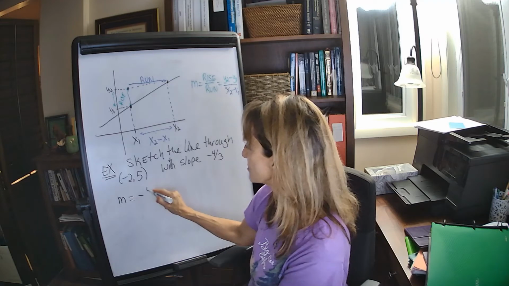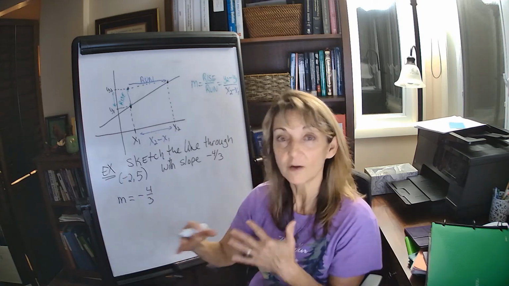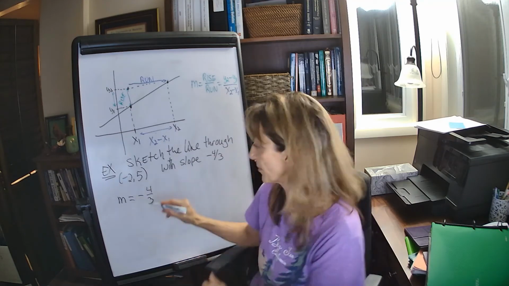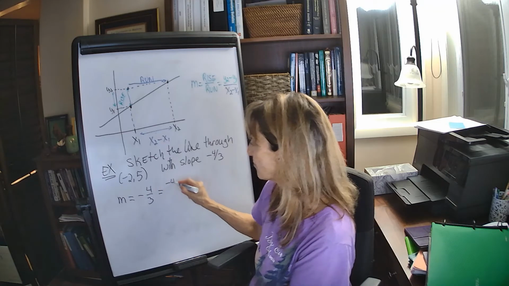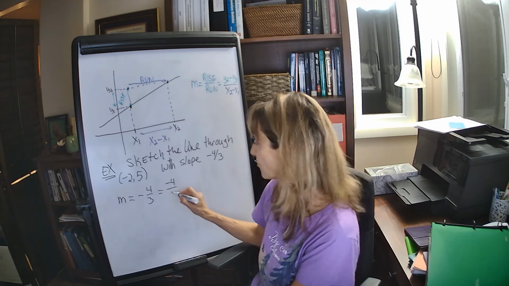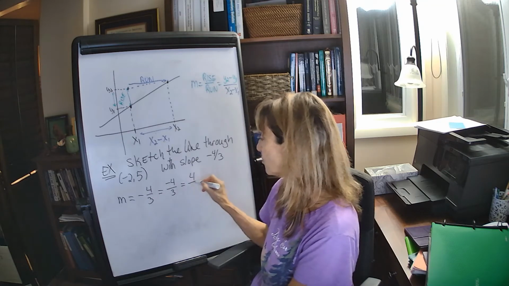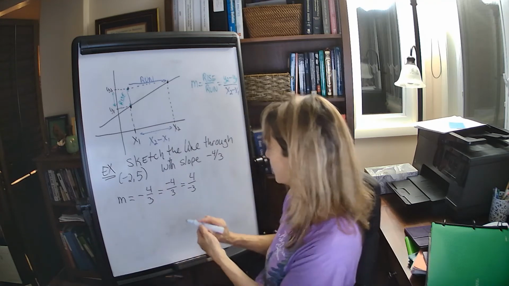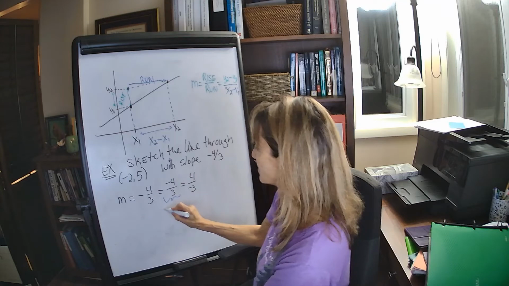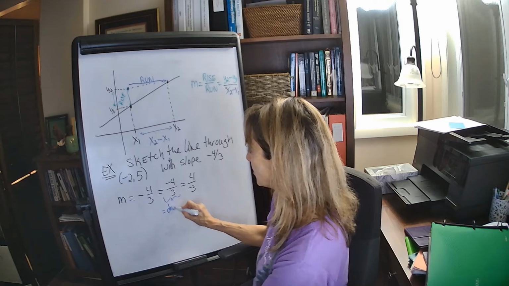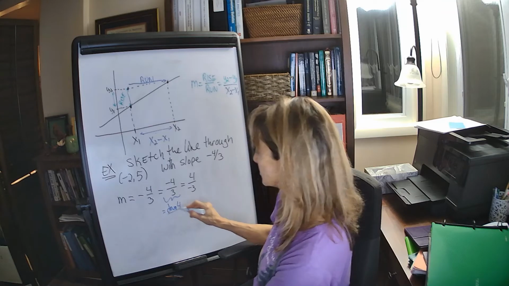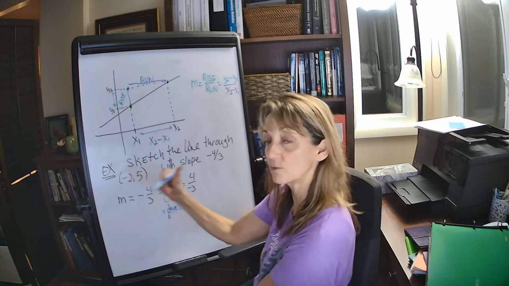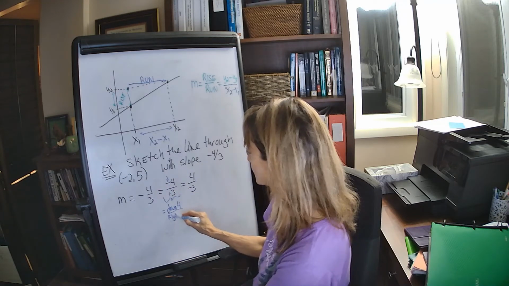The slope is negative 4/3. It's really important that you're comfortable with the idea that as long as you only have one negative, that negative can go anywhere. I can put the negative on the top, negative 4/3, or think of it as 4/-3. With the negative on top, it means down 4, a negative rise over a positive run, and we always go positive to the right, so right 3.